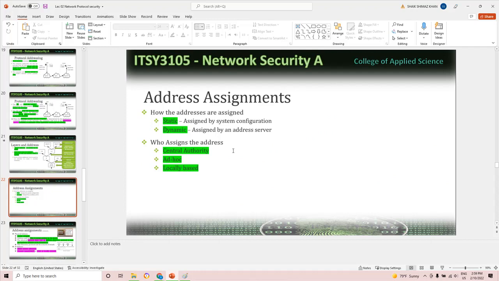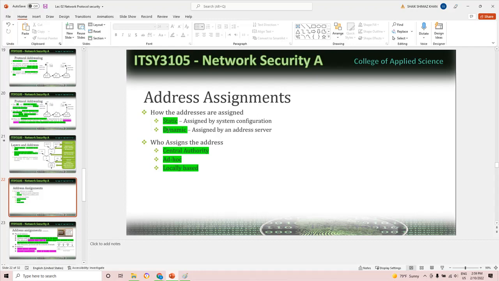How are the addresses assigned? Static or dynamic. If we manually configure the port number or the IP address, it is called static configuration.